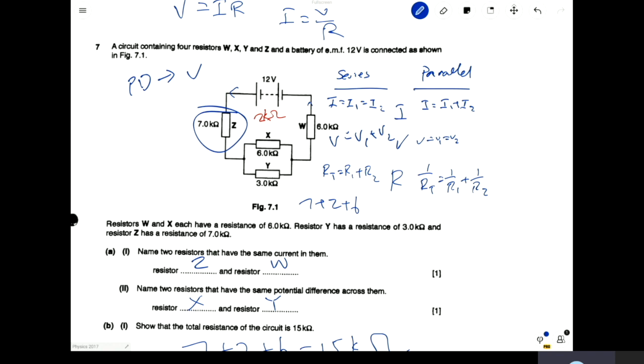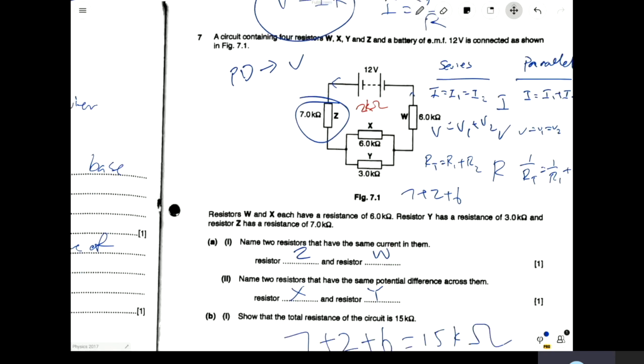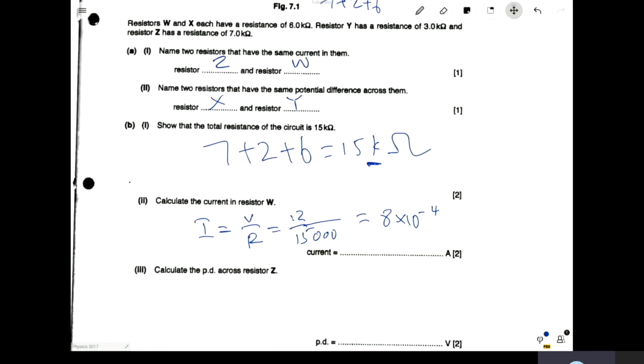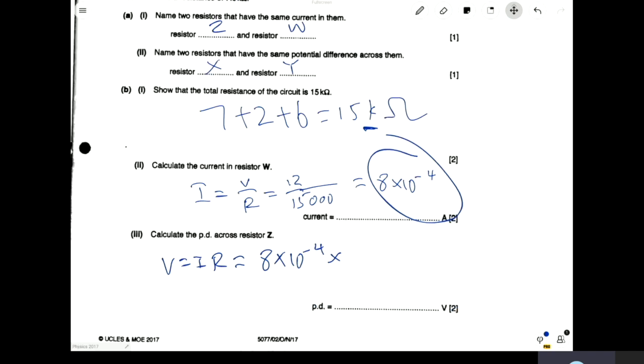Right? But actually we don't have to use this formula. To calculate voltage, use this one. V equal IR, because we know the current. So V equal IR equals 8 times 10 to the power minus 4 times 7,000. Right, and we will get 5.6 volt.